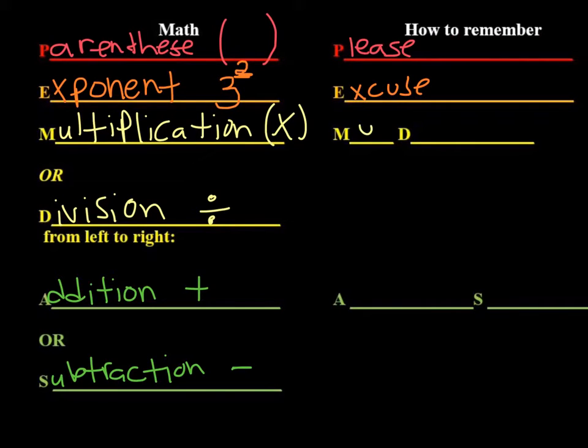The M will be my, the D will be dope, the A will be awesome, A-W-E-S-O-M-E, and S will be swag, S-W-A-G. So if you don't want to remember parentheses, exponents, multiplication, division, addition, or subtraction, just remember this sentence right here: please excuse my dope, awesome swag.